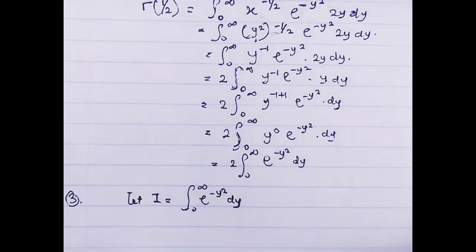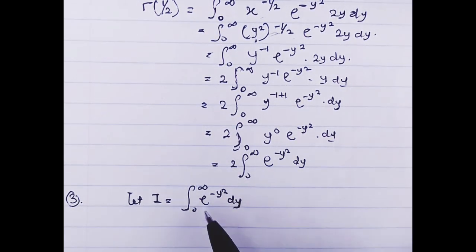Remember, I've used x to be equal to y squared, so if I use x again, it might confuse you. Naturally I'm supposed to use x, but since I've already started using x here, let me just use another variable.